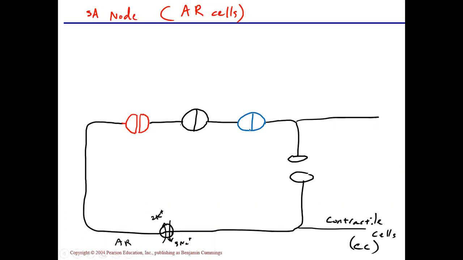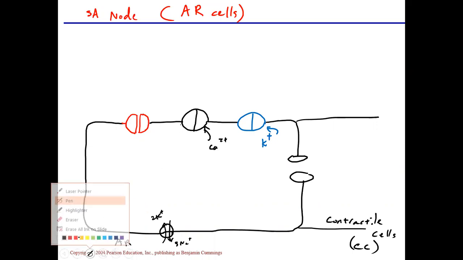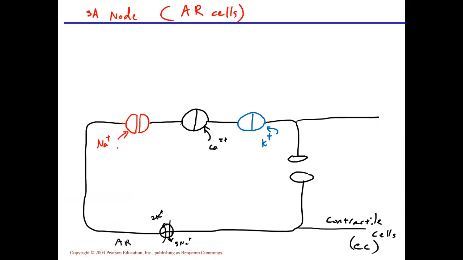All right. So this one is for potassium. This one is for calcium. These are all voltage gated channels. So right now they're not open at the moment. And this is for the sodium unstable channel. So that's the idea, kind of.